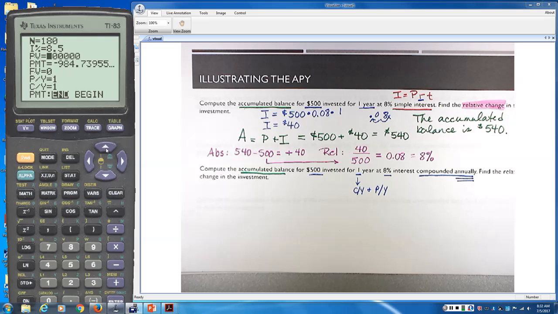The number of payments per year, or the number of times they're going to compound and pay, is only also going to be 1 because it's once per year. So it's like once because it's once a year times 1 year, which is still going to be 1.